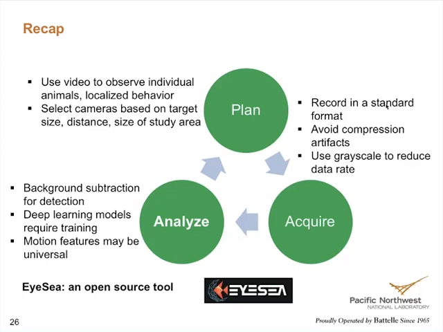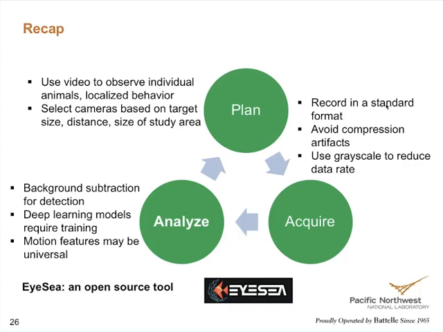Consider using grayscale maybe to reduce the data rate. And then finally, for analysis, background subtraction is an easy, tried and true method that can do pretty well for detection. Deep learning models require a little more training, but there's a lot of promise there. And motion features may be the key to a universal underwater video fish detector.